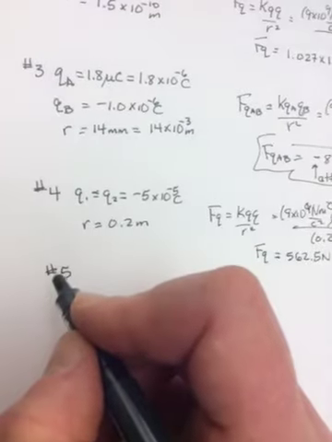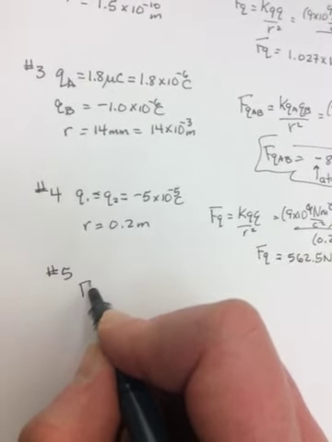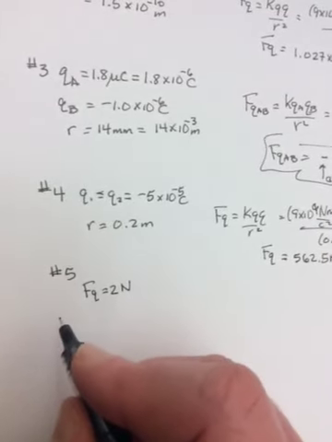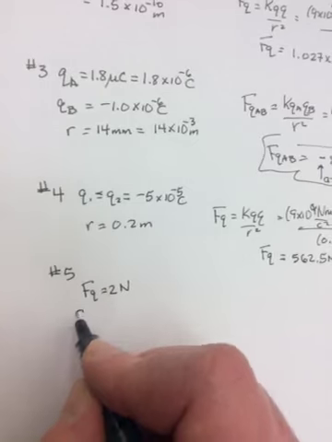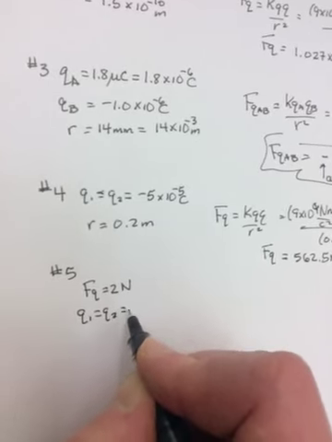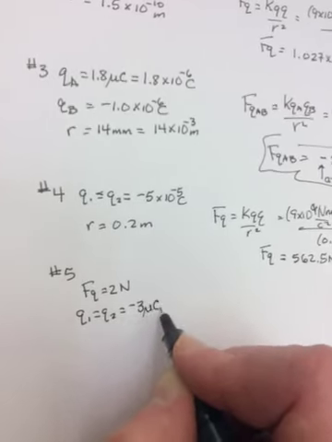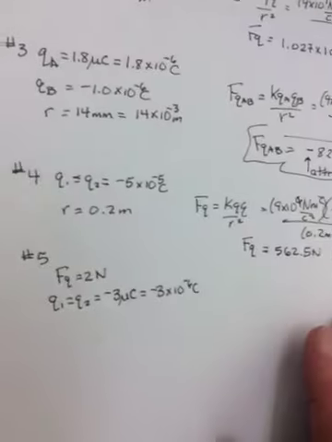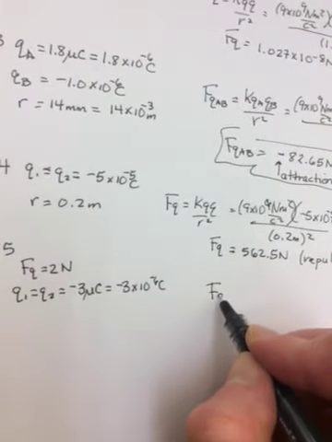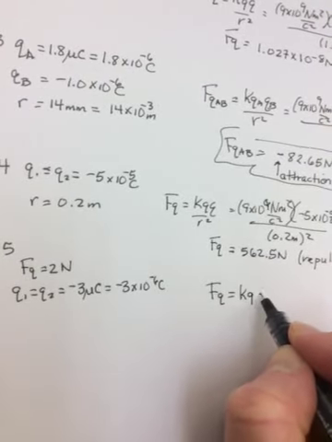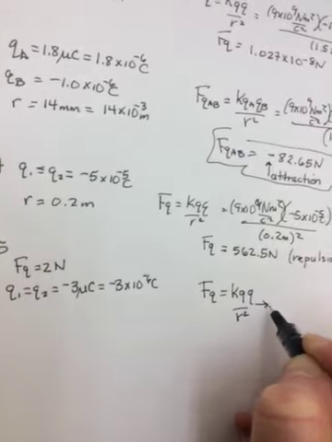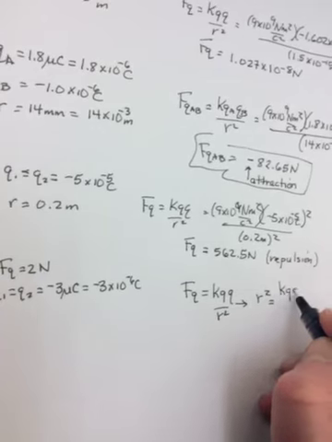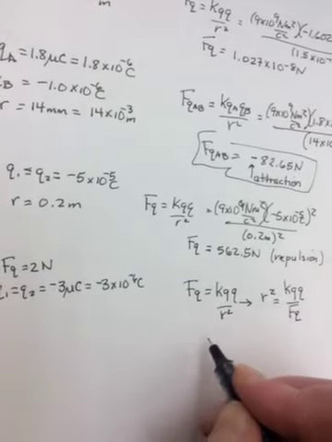Number 5, two charged objects exert a force of repulsion, FQ, of 2 newtons on each other. If each charge is, so Q1 equals Q2 equals negative 3 microcoulombs, so negative 3 times 10 to the negative 6 coulombs, how far apart are they? So FQ is equal to k Q1 Q2 over R squared, but you're solving for R squared. So take the R squared up, bring the FQ down, and fill in your numbers.